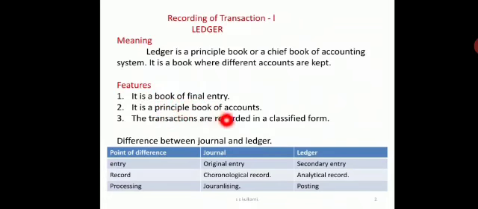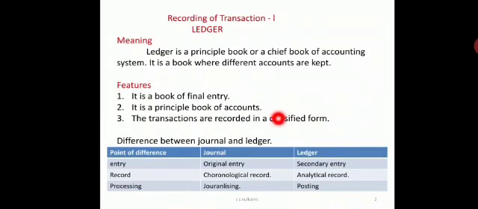Next, transactions are recorded in classified form. Classified form means this ledger has two parts. It is divided into two parts: one is the debit side and the other is the credit side. All my debit transactions are recorded on the debit side, and all the credit transactions are recorded on the credit side.